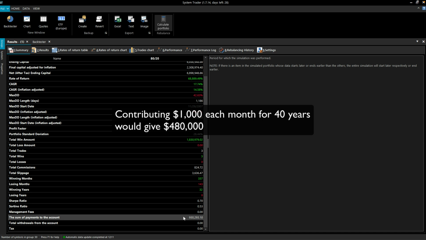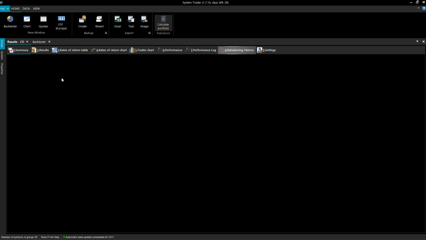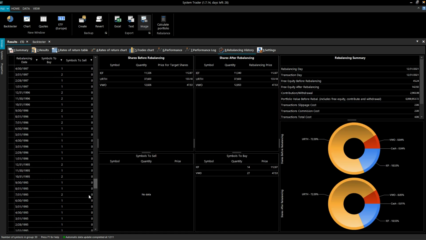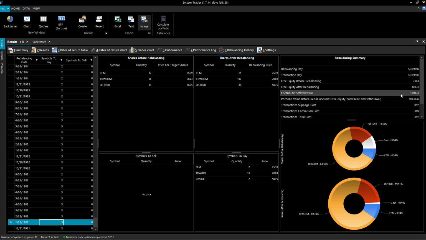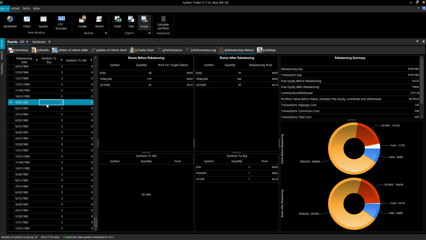How is it possible? Well, if we go to the rebalancing history, we can see that, for example, in 1982, we were indeed contributing around $1,000 per month. Of course, as time flies, this amount slowly increases. And here in 1983, we already see $1,071.